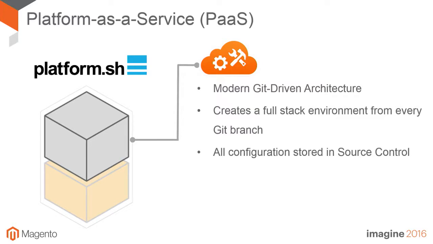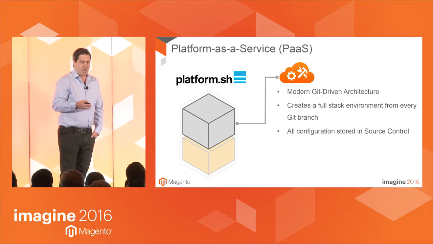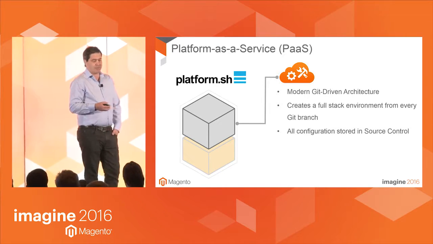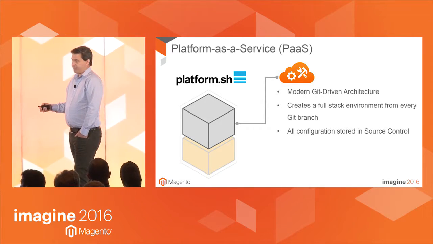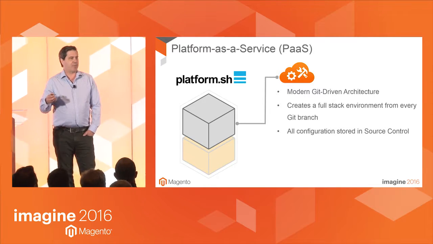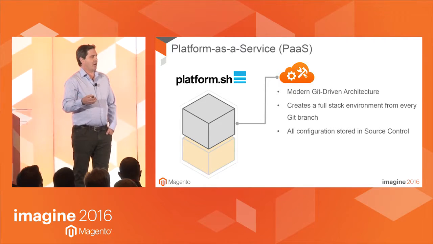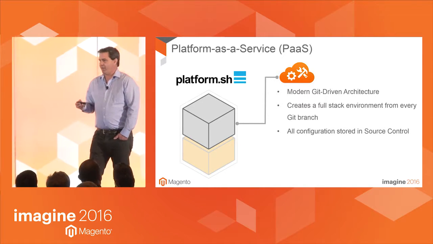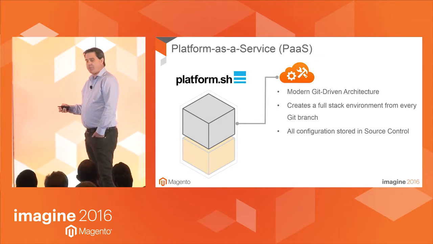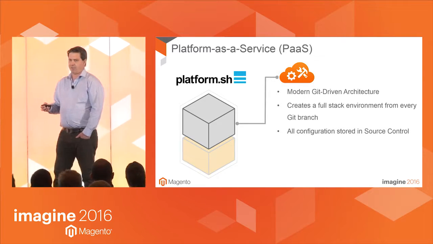All right, so moving on. The area I'm going to spend most of the time in this presentation is really around our platform as a service capabilities. We're providing a robust platform as a service to meet the needs of our developers and merchant community. These capabilities are based on technology from our partner, platform.sh. They have a strong background and strong support for PHP and deep experience in e-commerce.